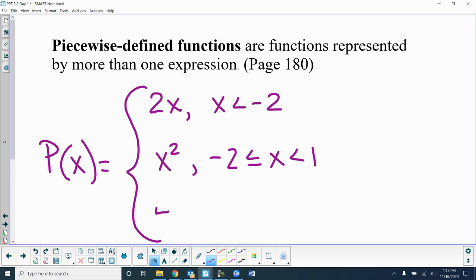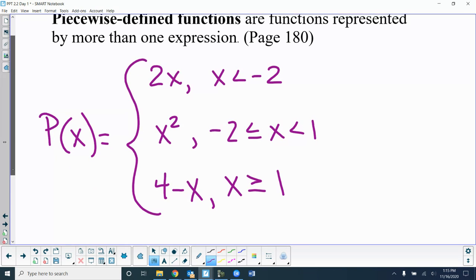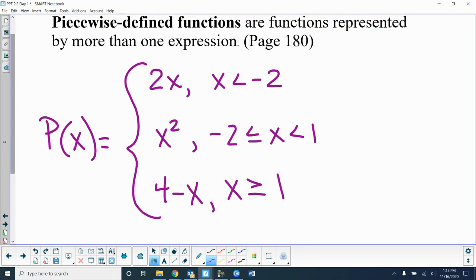P of X equals 4 minus X, that's the third piece, when X is greater than or equal to 1. So we got different domains for each piece. Okay? So that's what a piecewise function looks like.